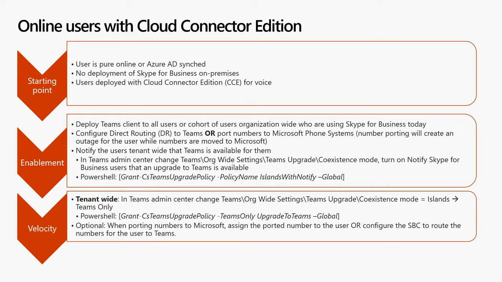When you move the user to a Teams-only experience, you either need to port that number at the same time, or using your direct routing, make sure the number is assigned to the trunk coming to Teams for inbound and outbound call routing. That handles the call routing, and assigning the policy triggers the client to show the dial pad.